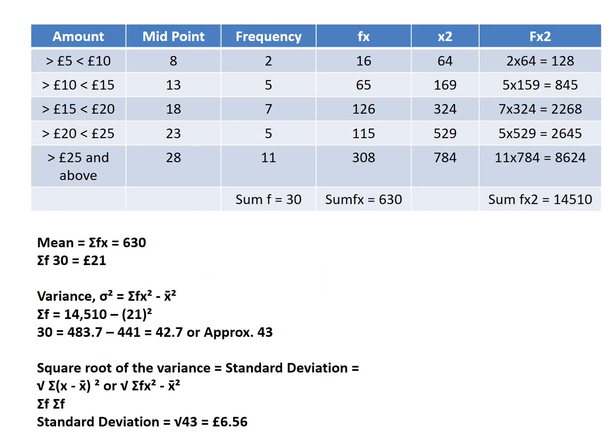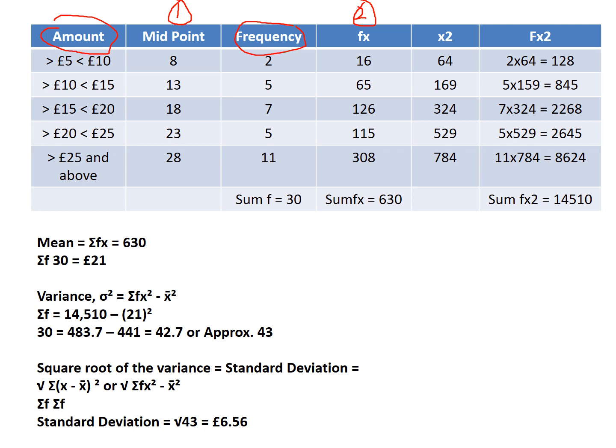So let's have a look. As we said, this is the first thing that we did. We said you find the midpoints. We started off with this, and we grouped the data, and we had this. We then created number one, the midpoints. We then calculated number two, which is f times x.